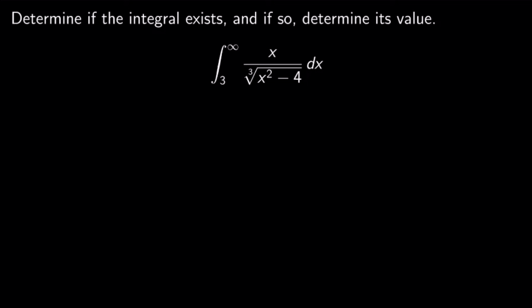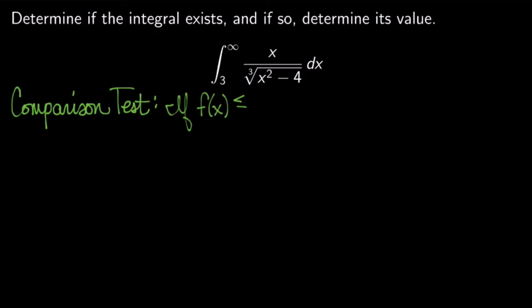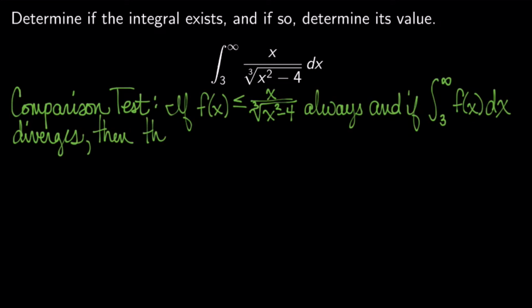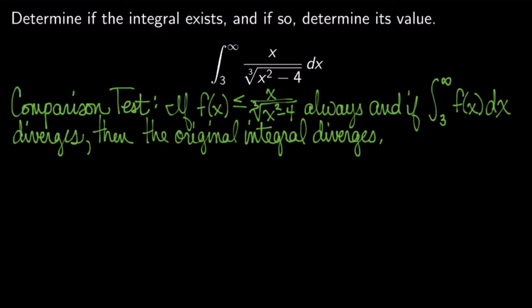Could we have done the comparison test to find that answer? Absolutely, and here is how it works. If I can think of an f, some function, where that f is less than or equal to my integrand at all times, and if this improper integral of the smaller f function diverges, then the original integral diverges, okay?